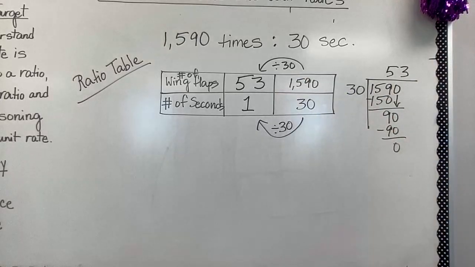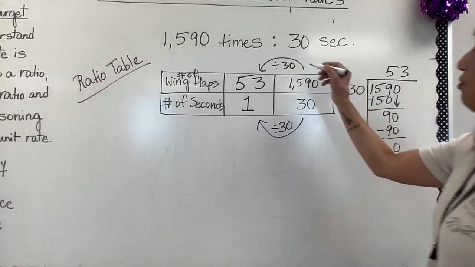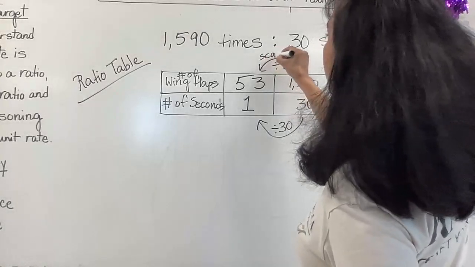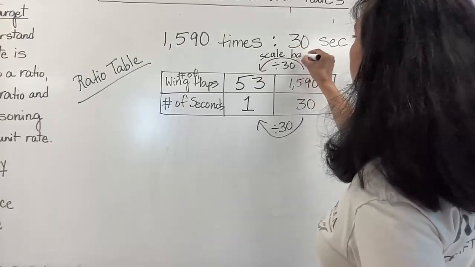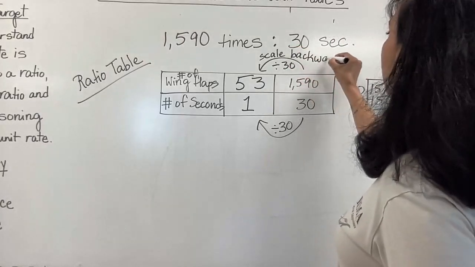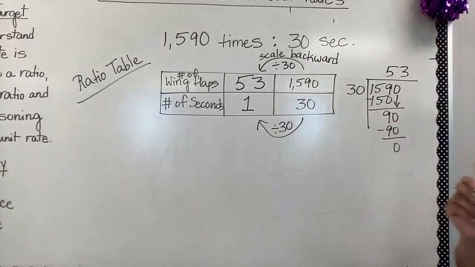If I'm looking at this, what did we do on a ratio table? We scaled backward. You scale backward to get the unit rate because we are dividing in this case.